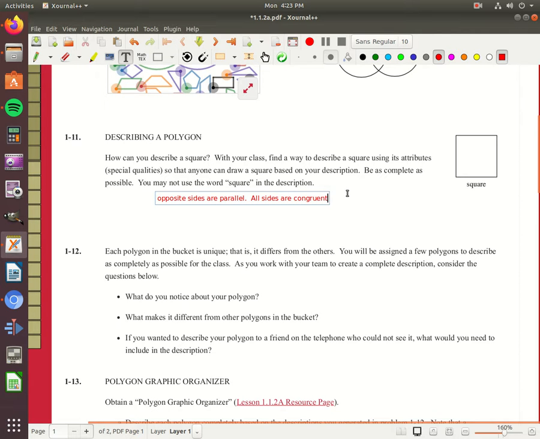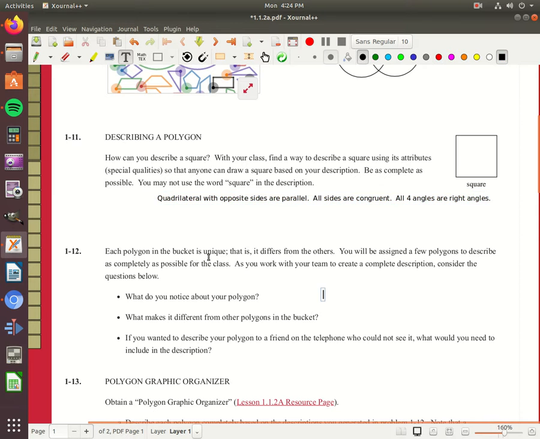I would say that all four angles are right angles. It does occur to me that I probably should have stated at the beginning that it's a quadrilateral. Okay, so quadrilateral, four sides with the opposite sides that are parallel. That makes sense. All sides are congruent, and all four angles are right angles. I feel like that pretty much describes a square.